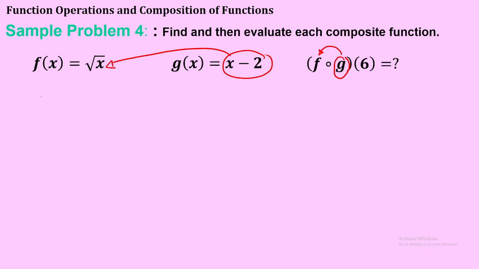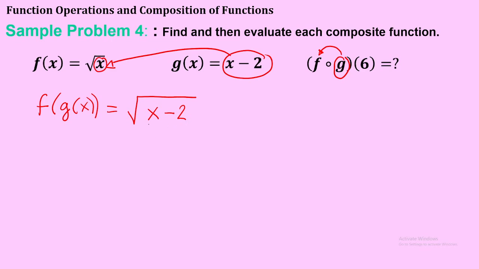I'm going to have the solution F of G of x. So this is now the G, x minus 2, substituted into the square root of x. So it becomes the square root of x minus 2, because the x here is replaced by x minus 2.